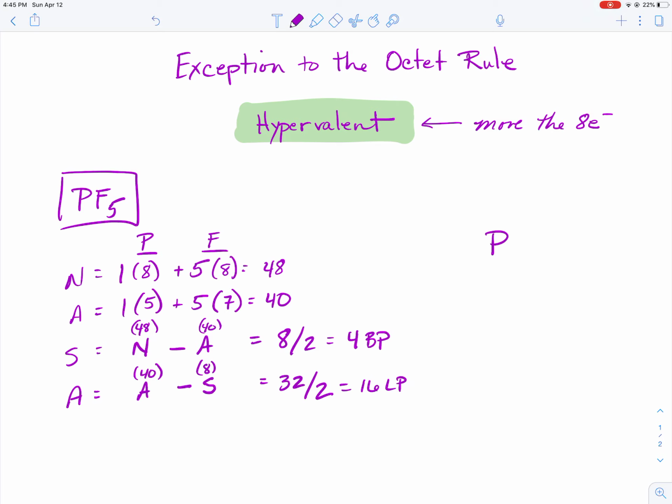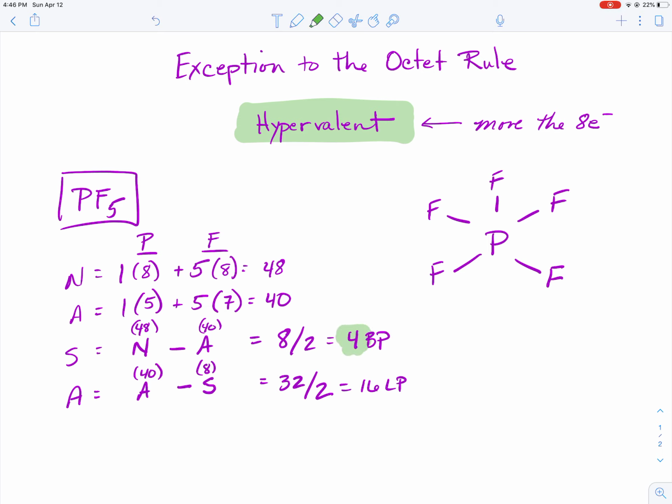We're not going to be able to put things in a perfect north, south, east, west quadrant, so I'm just going to try to make this look symmetric, with all of my fluorines with one bonding pair attached to our phosphorus atom. Now we have phosphorus attached to each one of the fluorines, and now we're going to try to match up our numbers.